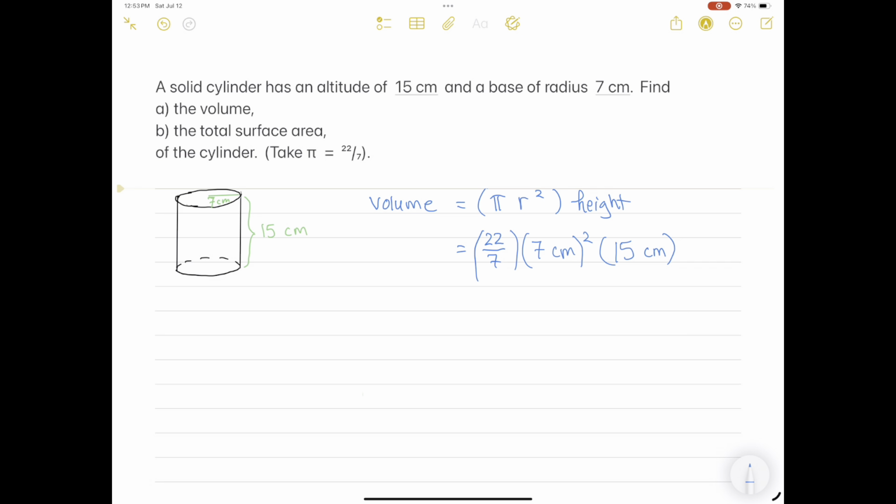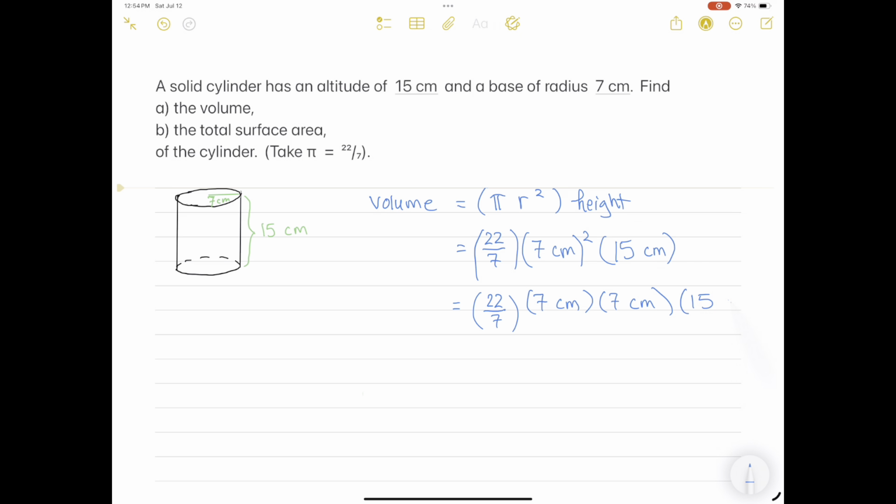I will rewrite this equation on the next line as 22/7 times 7 centimeters times 7 centimeters times 15 centimeters. So you can see how I can eliminate the 7 from the denominator with one of the 7's in the numerator, which leaves me with 22 times 7 times 15 and centimeters cubed from the 3 centimeters being multiplied together.